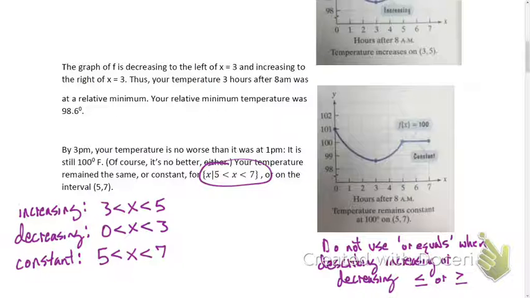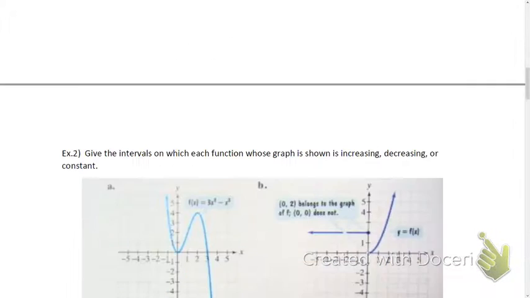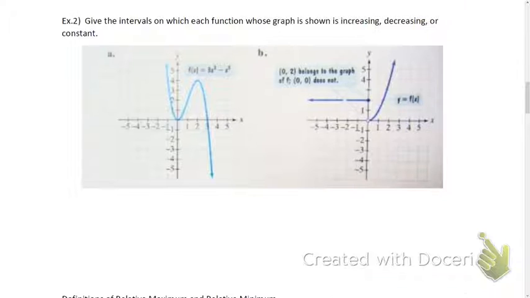Hopefully that makes sense. We're going to look briefly at min and max. Oh wait, no, sorry. We're going to practice increasing, decreasing. So on your paper, do a quick sketch of that graph, although I gave this as a handout. Hopefully you have it. And write the words again: increasing, decreasing, and constant.